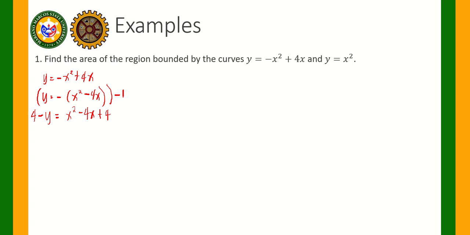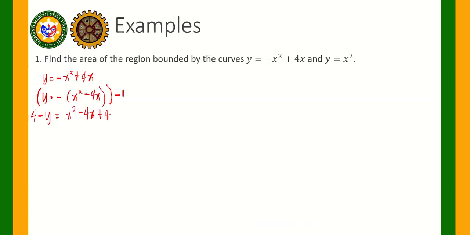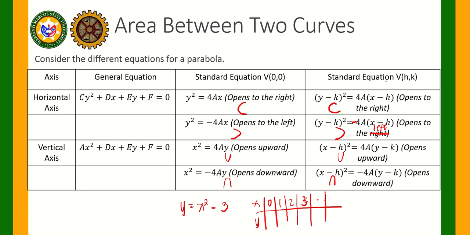Then, we can follow yung ating format dito. Mauuna si y. So, this is negative y plus 4 equal to what is the factor of this one? This is a perfect square trinomial. So, this is equal to x minus 2 squared. Okay? So, now, meron tayong standard equation natin.